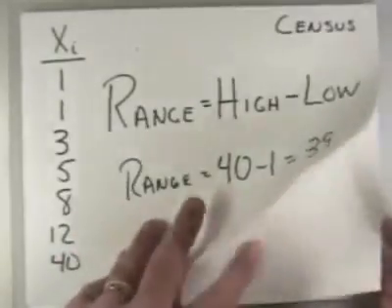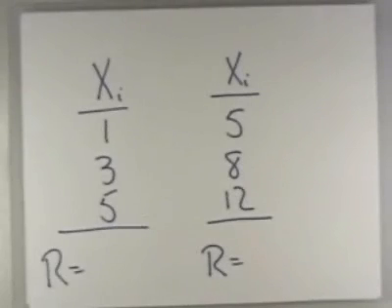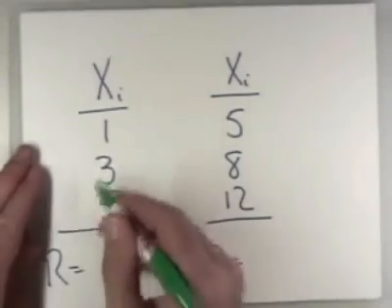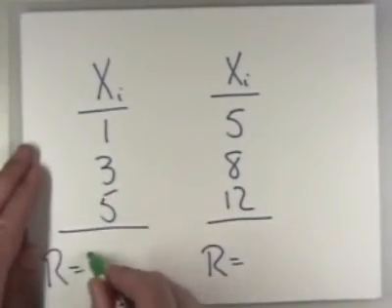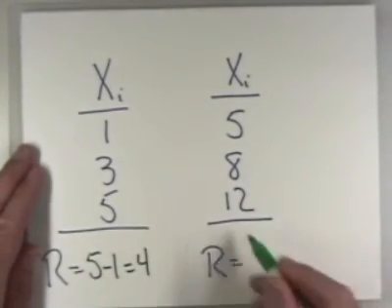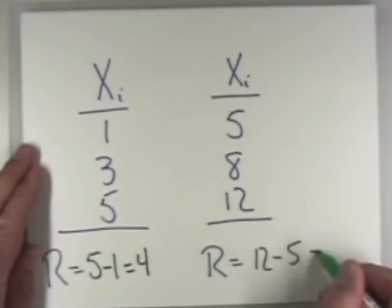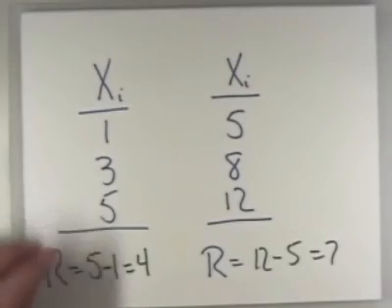Now, there is a sample range, and the letter R is used for that. And so the range here would have been 4. The range here would have been 7, high minus low.